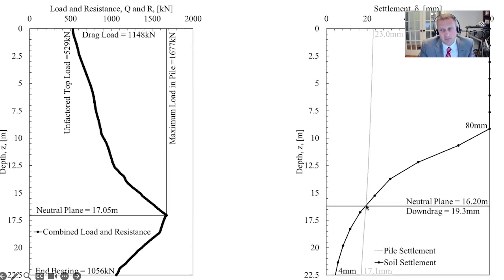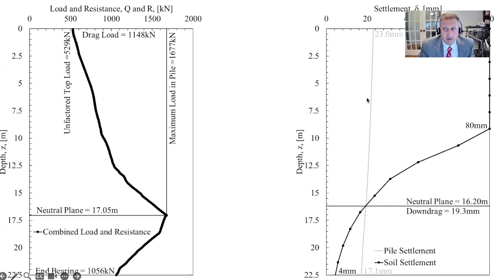The downdrag is the settlement at the location of the neutral plane. And so from the settlement analysis, I see that I had a movement of 19.3 millimeters at the neutral plane. This curve that's shown here in black for the soil settlement, that was a measured curve that we had from the field, based on the Sondex tubes that we had at Turtle.